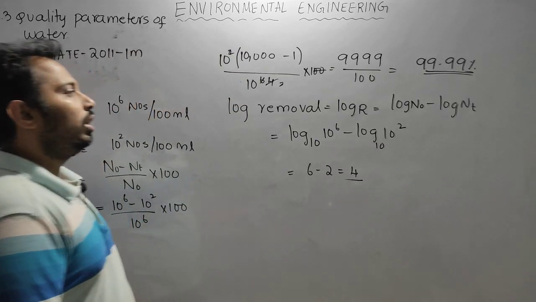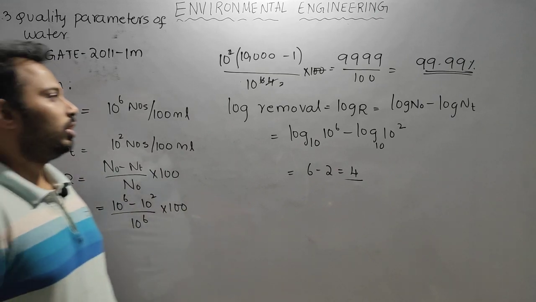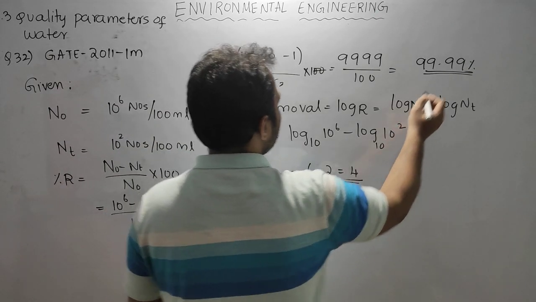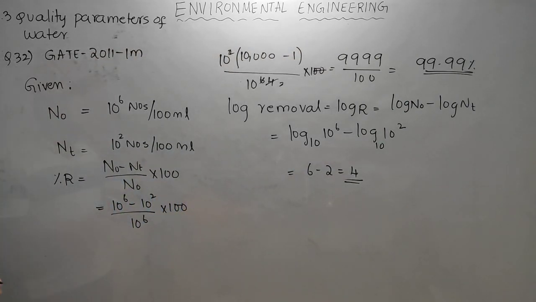So the log removal is 4 and the normal removal is 99.99. Looking at the options, option C is the answer. So this is log removal and this is normal removal. This is question number 32.